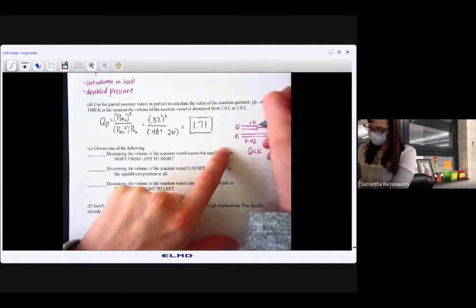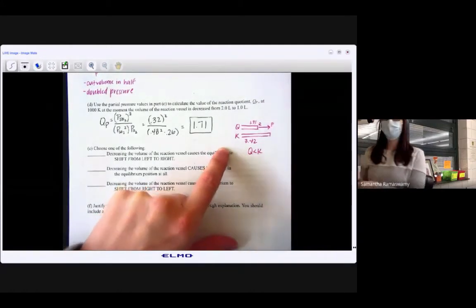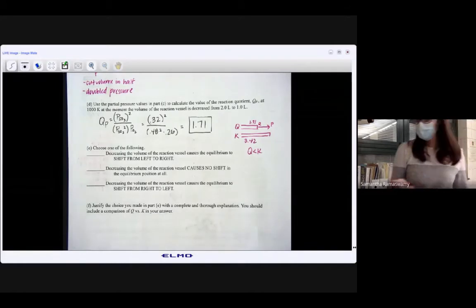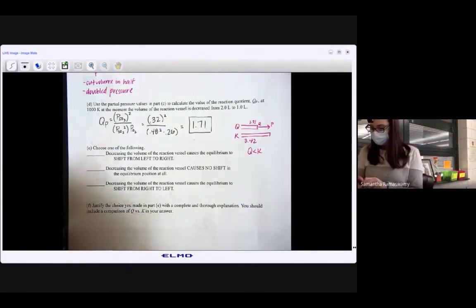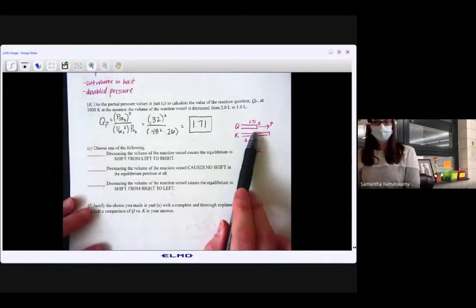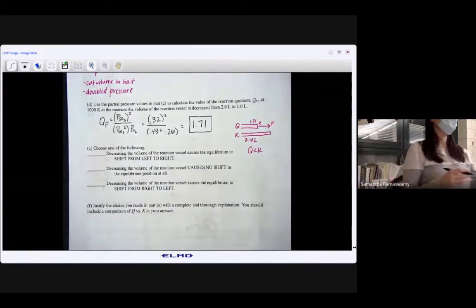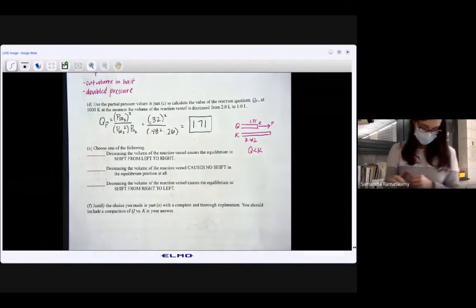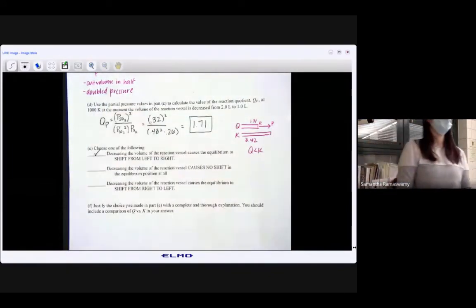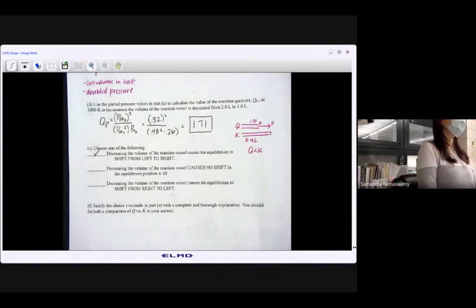I need to go from reactants to products. In order to increase Q, I need to increase the number of products on the top. So if I need to increase the number of products on the top, here's the shift that it's going to make. The arrow points in the shift. It's going from left to right. I'm just going to check mark this first one. Just wants to know which way is it going to shift.